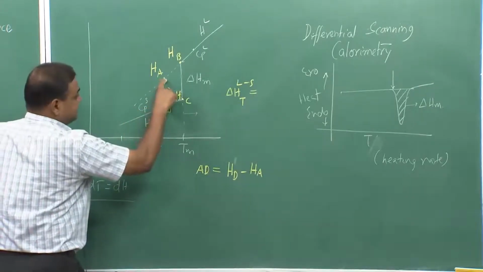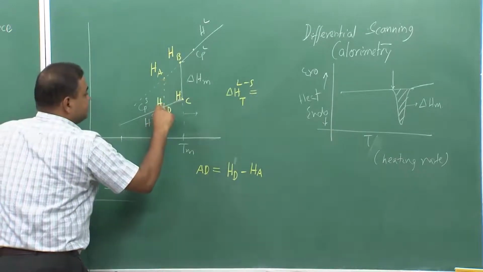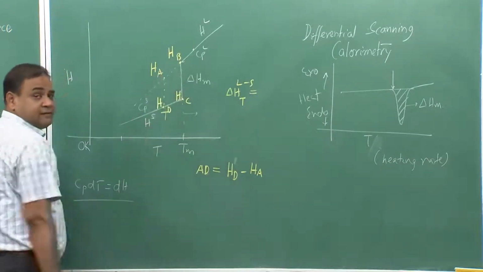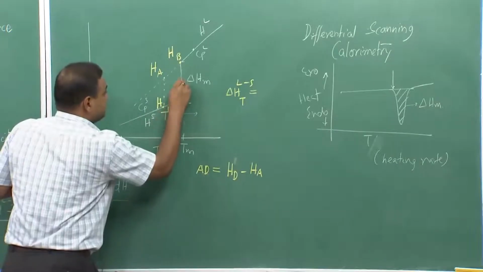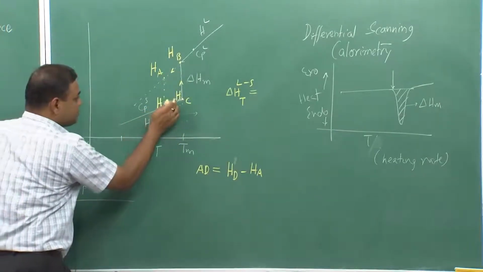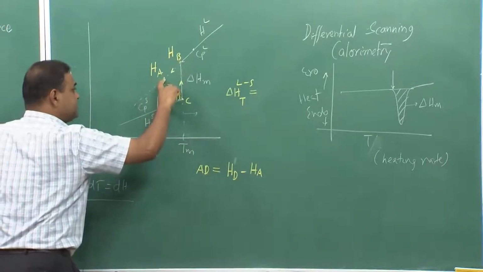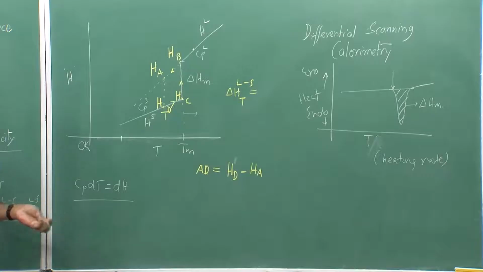So, when I find HD minus HA, I am taking this path. But since state functions are path independent, I can also get this difference if I start moving this way.